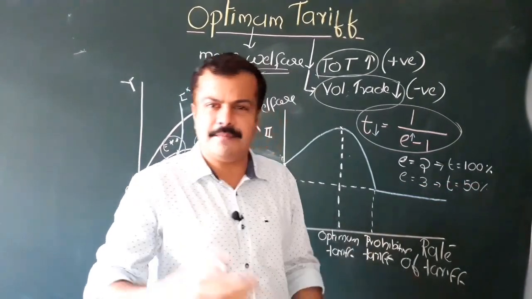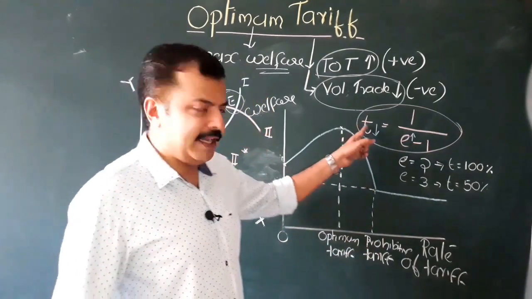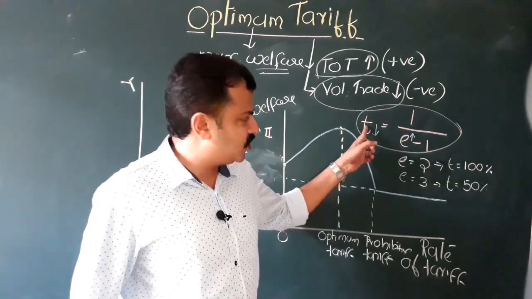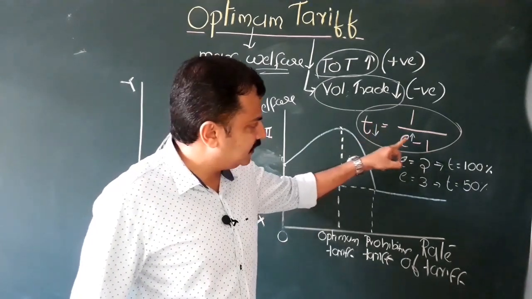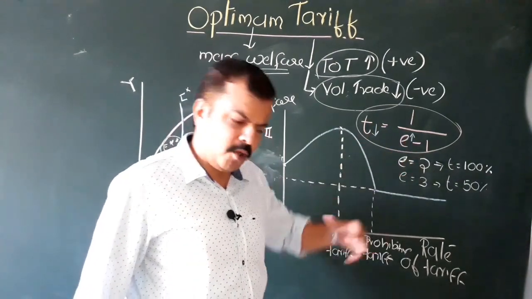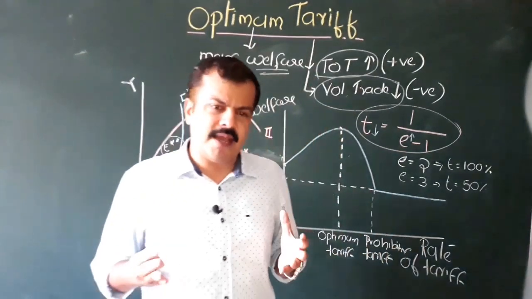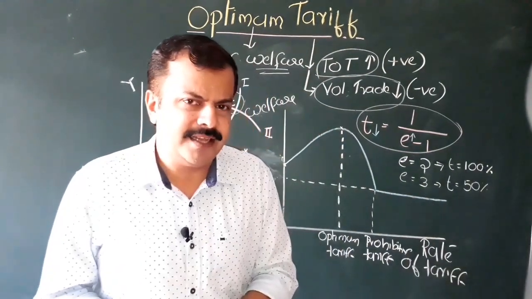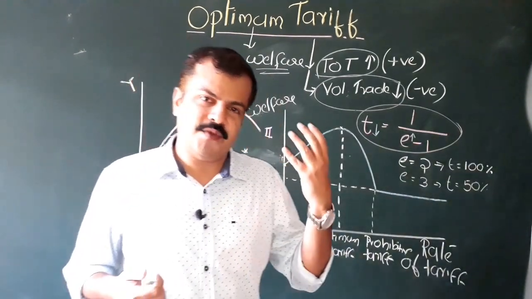If 4, it can be equal to 25%, and so on. So there is an inverse relationship between the rate of optimum tariff, t, and the elasticity coefficient. The argument is very simple. If foreign countries' demand is highly elastic, then your ability to impose an optimum tariff will decline.